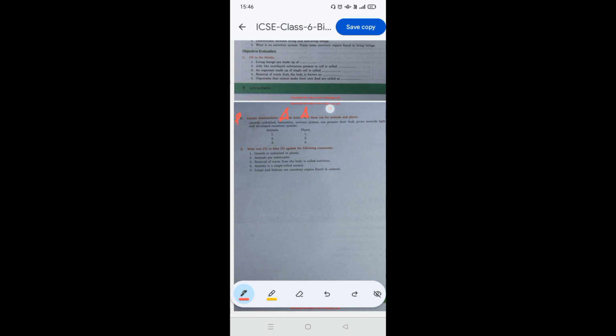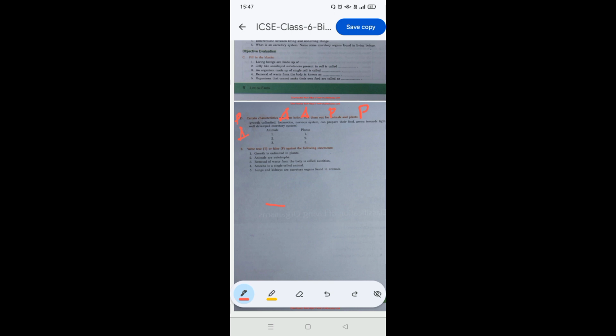Plants can prepare their own food. So it is P. Grow towards light. It is plants. So it is P. Well developed excretory system. It is in case of animals. So it is A. So the three characteristics of animals are locomotion, nervous system, and well developed excretory system. And for plants, it is growth unlimited, can prepare their own food, and grows towards light.